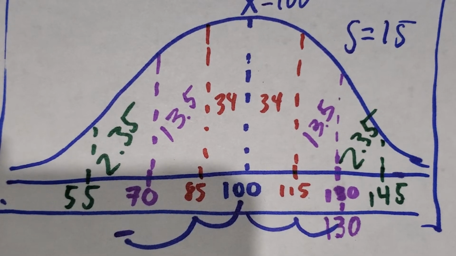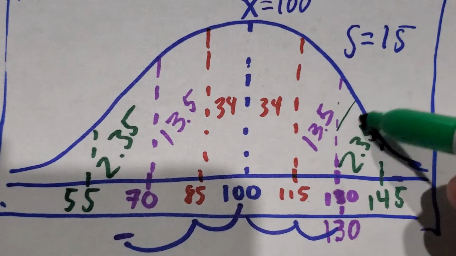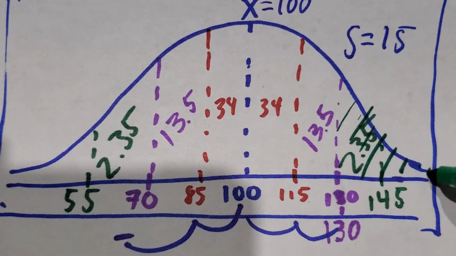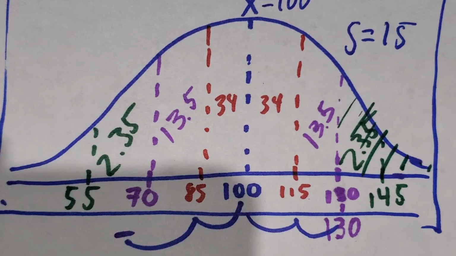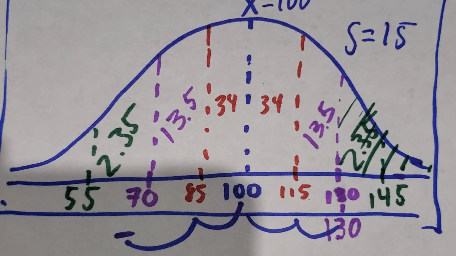So that means I'm strictly only looking at everything above 130. So that's everything on this side. The nice thing is that all of this is symmetric.